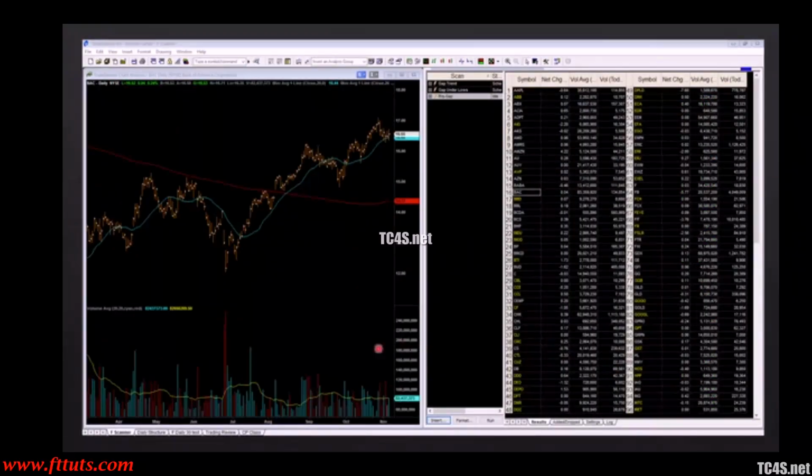Now here is where I actually do scan. Every single morning, I like to scan. If you see at the top here, there are 3 scans in this software, and one of them is a gap trend. So it will gap in the direction of the trend, and I will notice those, or gap under the lows.